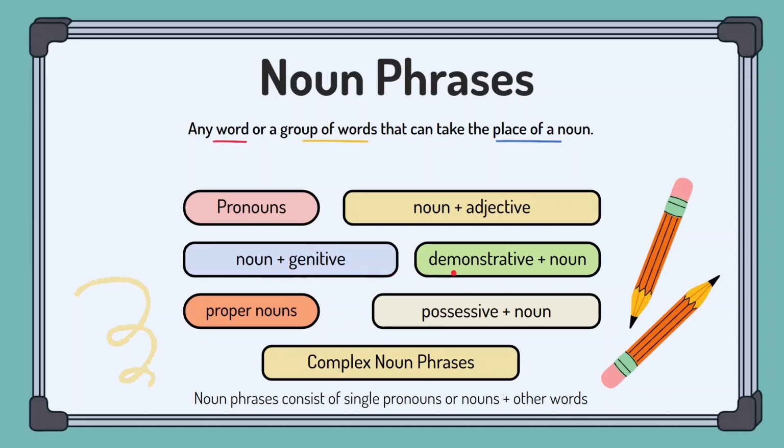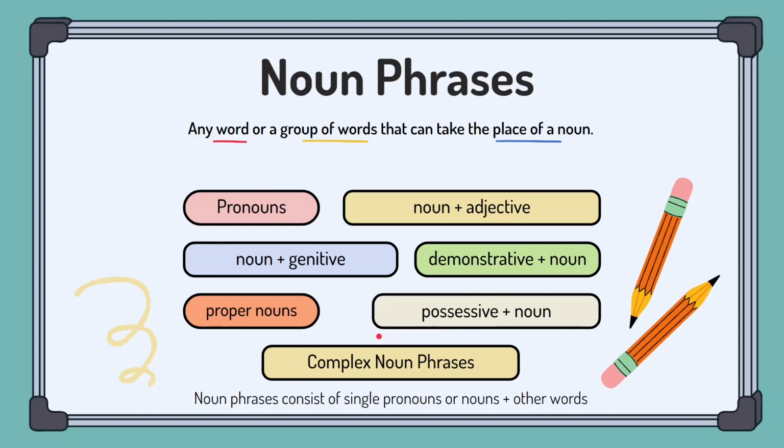And then we also have demonstrative plus noun, like this man or this dog. And then we have proper nouns like Adam or Sarah. And then we can have possessive pronouns plus noun, like my car or my cat.